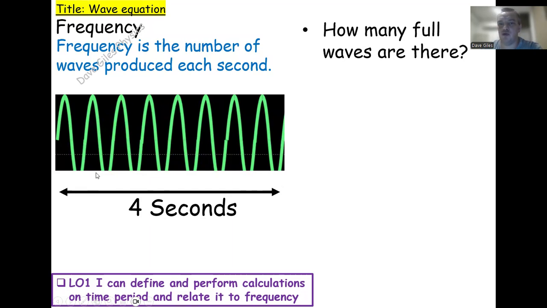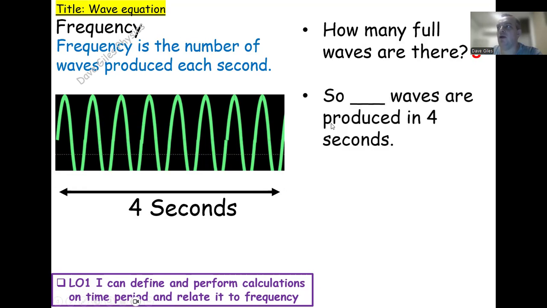It looks like I've accidentally cropped the bottom of some of these waves out a little bit too much. But this here is 1, 2, 3, 4, 5, 6, 7, 8. So I have 8 full waves there.